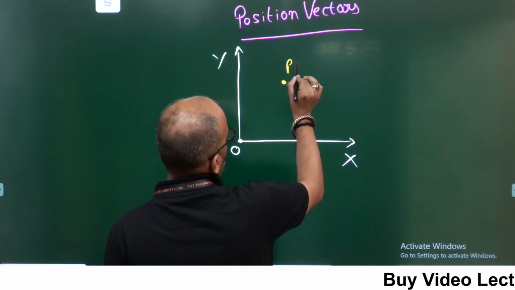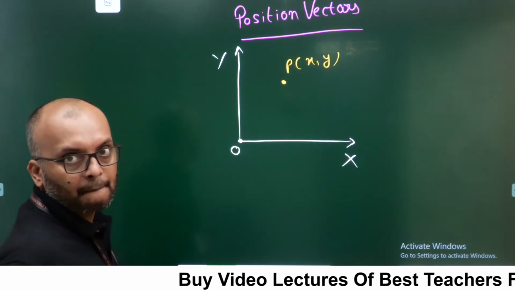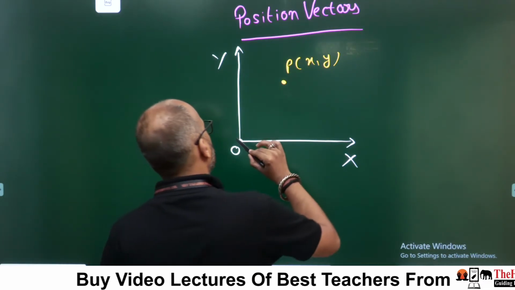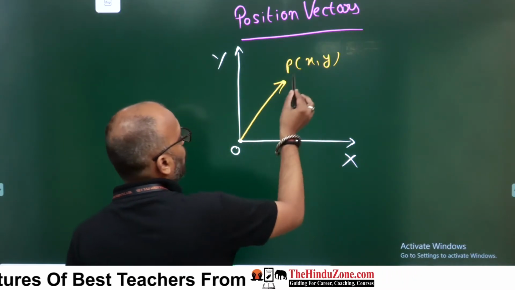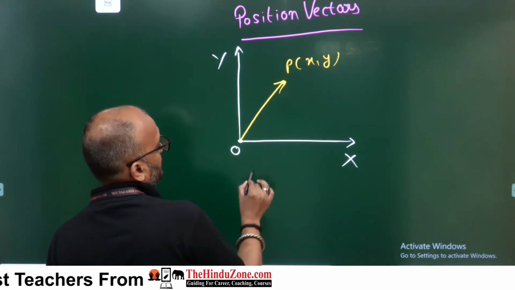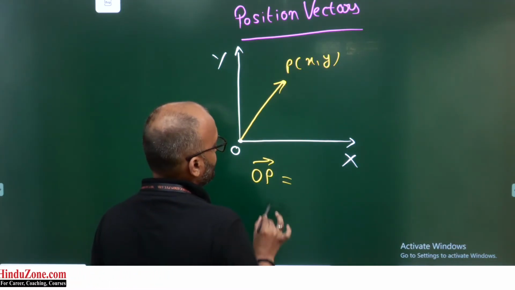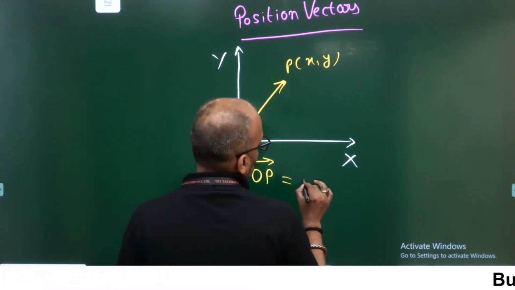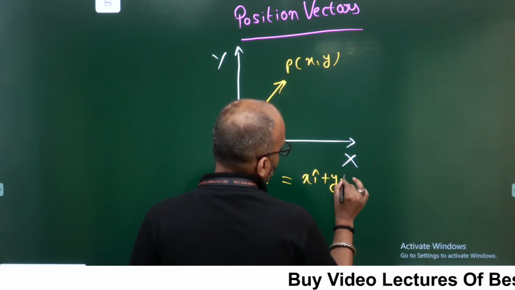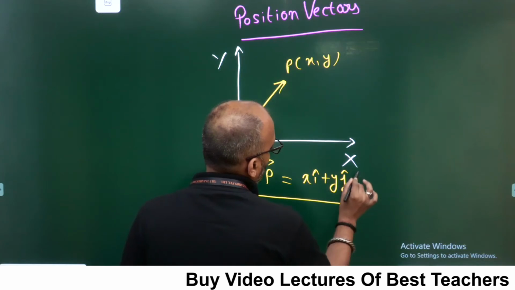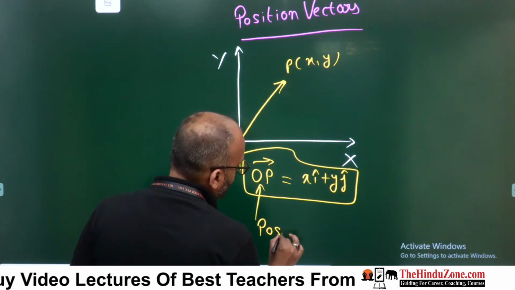This is my origin. I can also write that OP vector is equal to x i cap plus y j cap. Yes or no?